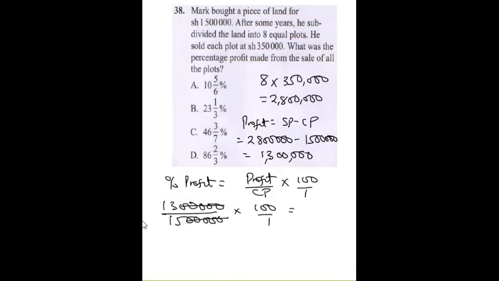So from here you're going to have 5 here, it's going to be 3, 5 here, it's going to be 20. So you're going to have 260 divided by 3. Now when you do 3 into 26, you're going to get 8 whole number, remainder 2. 3 into 20, you're going to get 6, remainder 2. So that will be 86 2 over 3%. Final answer. So the correct answer here is going to be D.